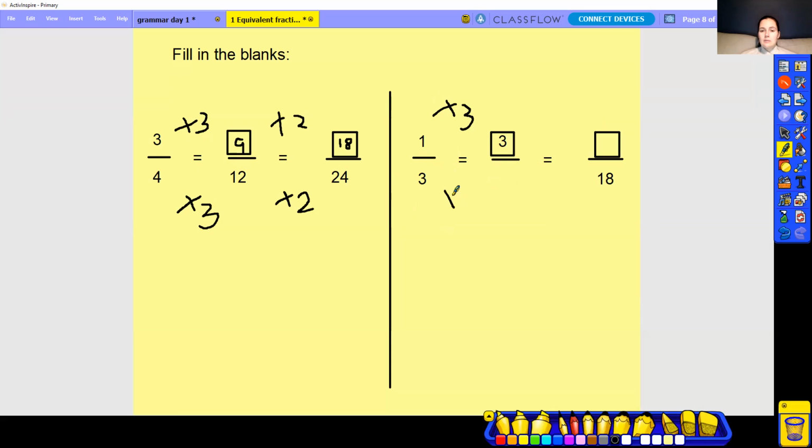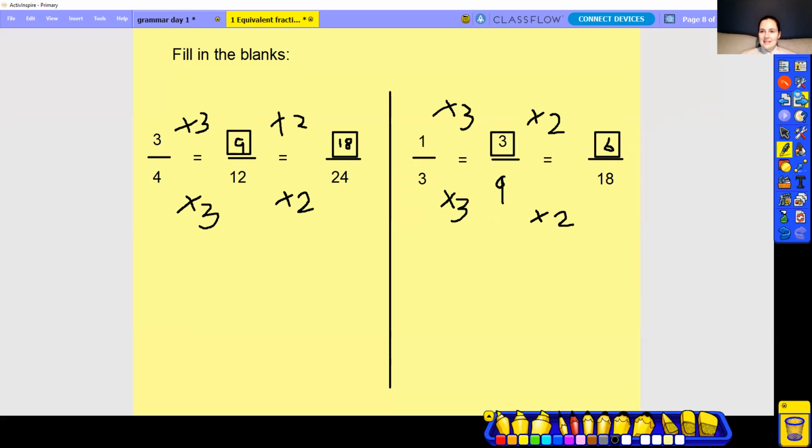So 3 times 3 gives me 9. If we look now, we're going from 9 to 18. So I know that 9 times 2 is 18. So that means we need to do the same to 3. 3 times 2 is going to give me 6. So it's going to become 6 over 18.